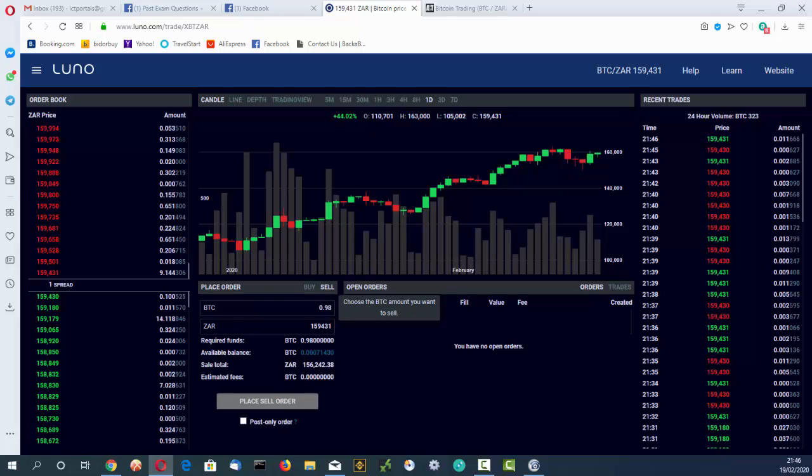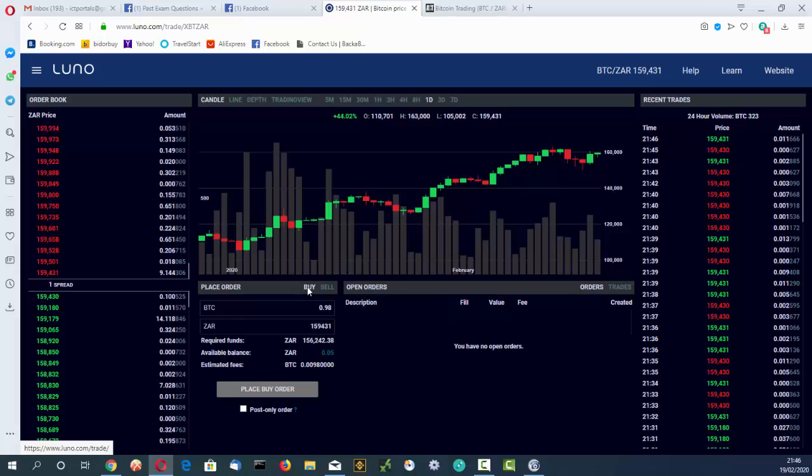Then it's going to tell me, okay, if I'm buying, I must be buying here. Then it's going to tell me I will need to pay 156,424 Rand, 338 cents. That is the amount of Rand I must have in my account because I want to buy 0.98 at this market price. If you click on it, it will show here. I think you are seeing my screen properly.